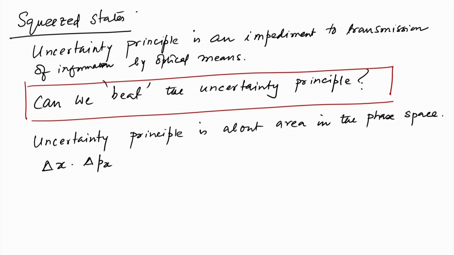So, if we can devise a procedure to deform and squeeze this area, which can be effectively used for reducing the noise. Such a squeezing process of course does not invalidate the uncertainty principle, but is just an engineering that one can think of doing, and the possible means of doing it is via squeezed states. We will see what that is.